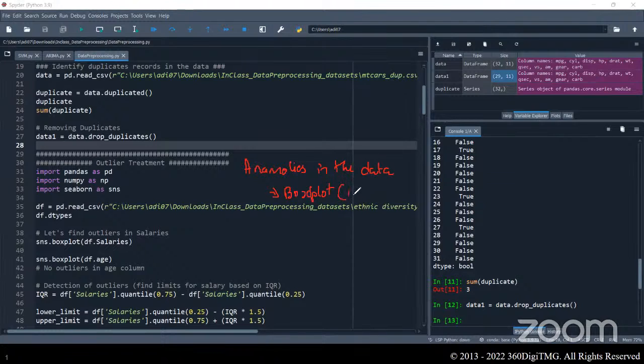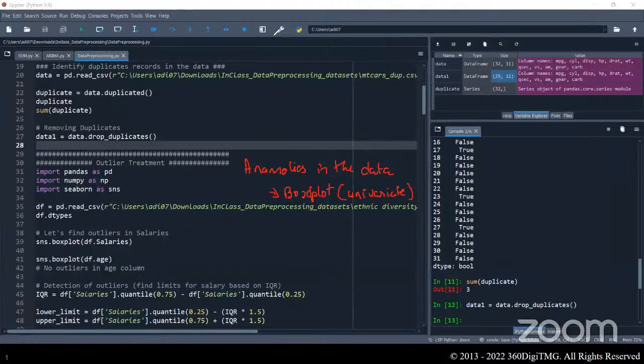A box plot is a univariate graph. That means it is only taking one variable and plotting for that. Like I said, EDA and pre-processing go hand in hand and they form the backbone of any machine learning algorithm.